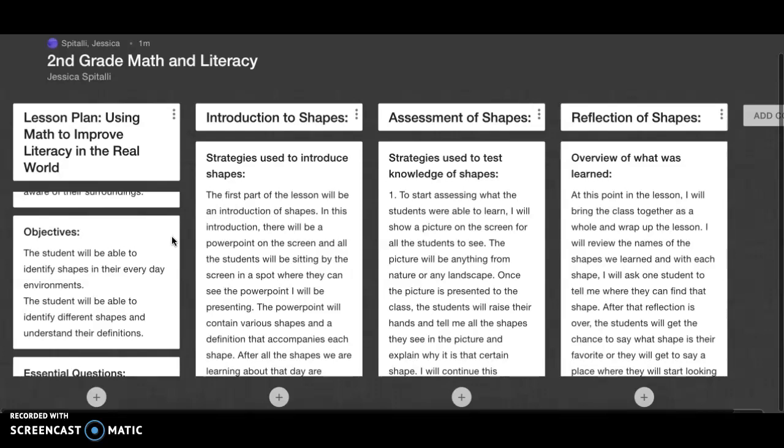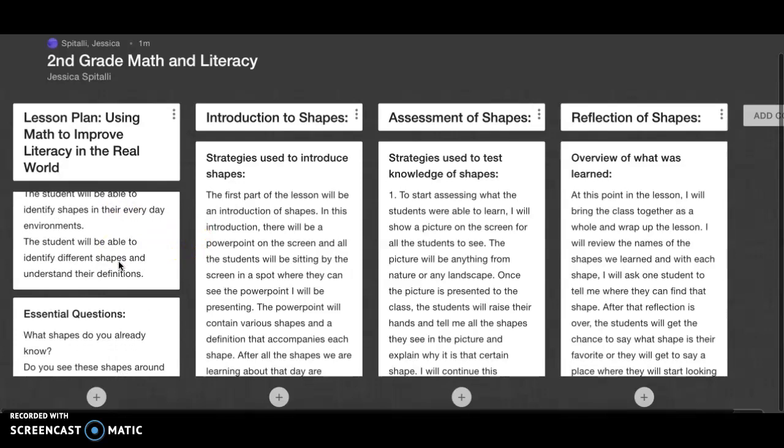Another objective was to show them that shapes are in everyday environments, show them how to find those shapes, and show how important it is to start looking for those and realizing that math is everywhere we look.